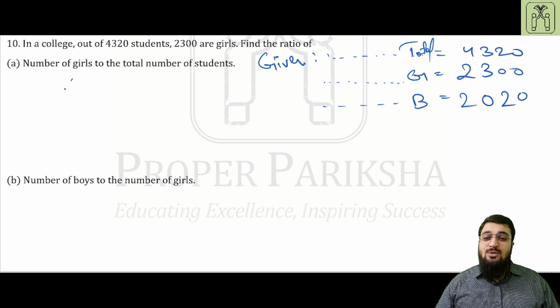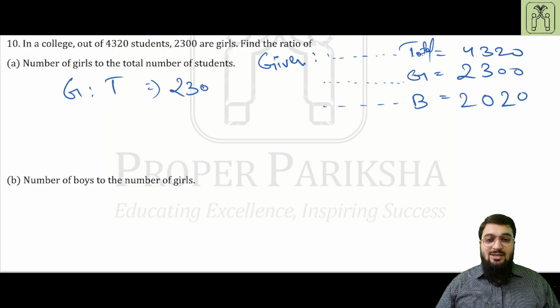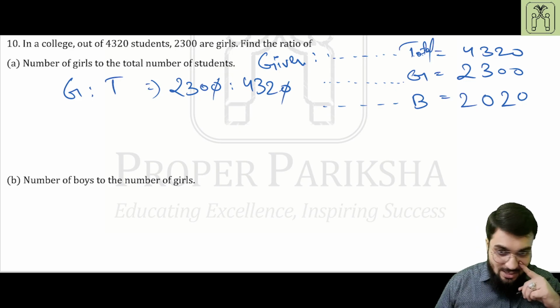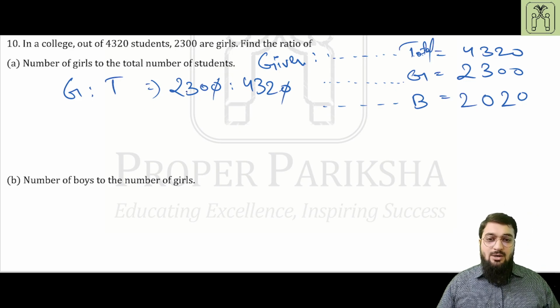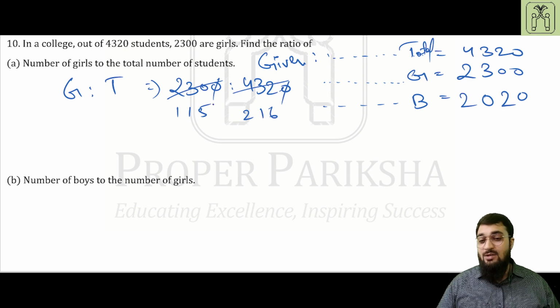So we need to find the number of girls to the number of total students, that is 2,300 is to 4,320, and the 0s will get cancelled out. It will be divisible by 2. Then we check divisibility by 3: not divisible by 3, not divisible by 4, 5, 6.